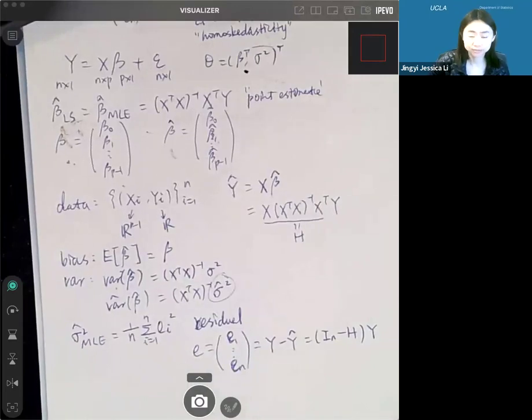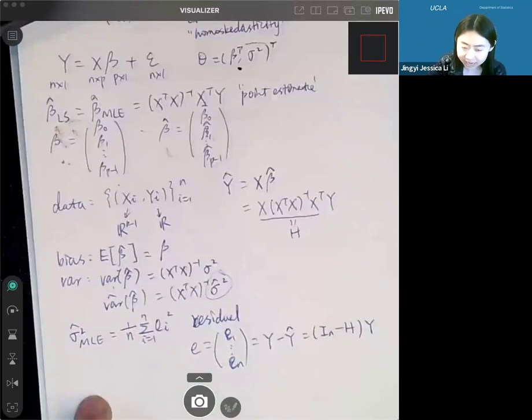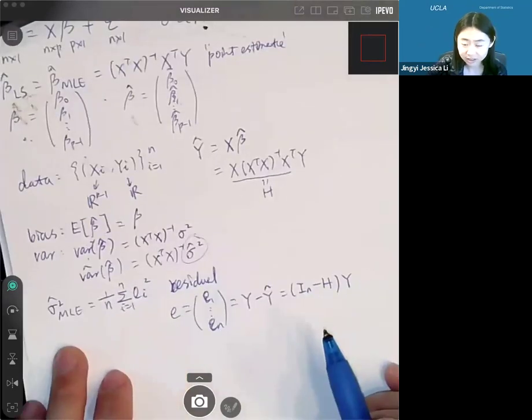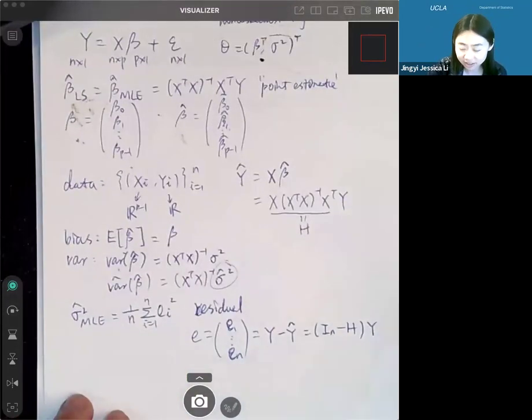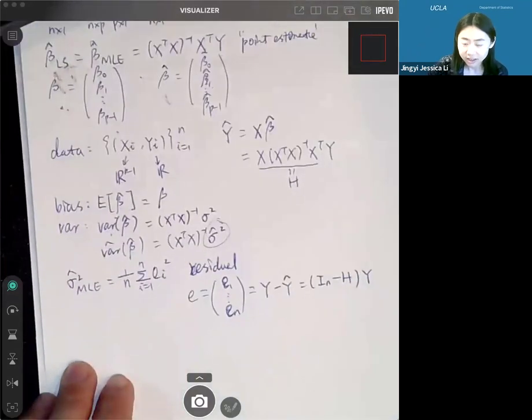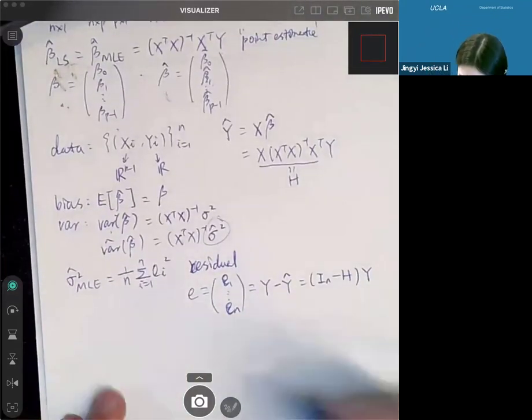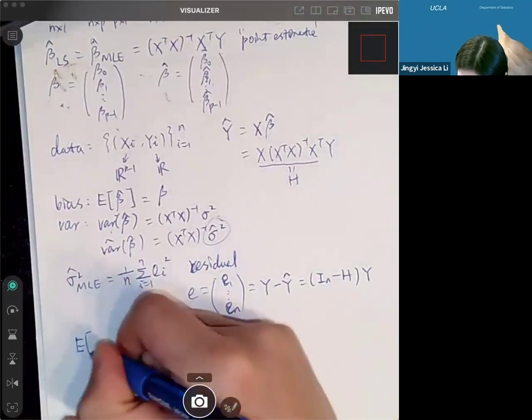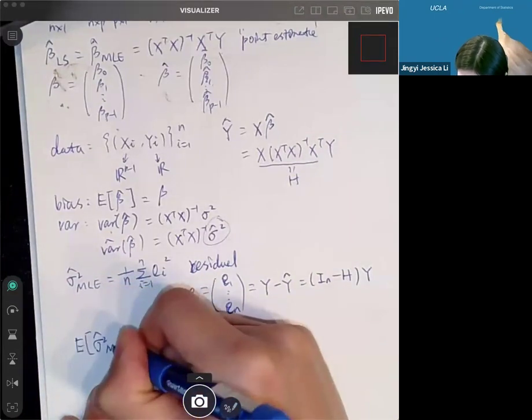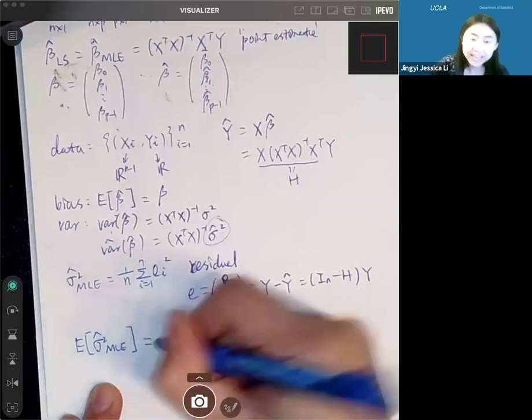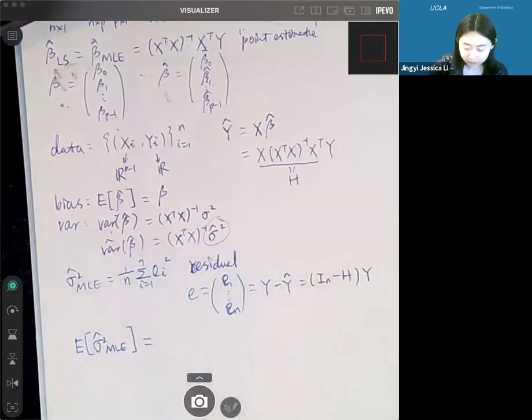That's the residual. And then last time we said that the MLE estimator is biased because its expectation is not sigma square. The expectation of the MLE sigma hat square is not sigma square.